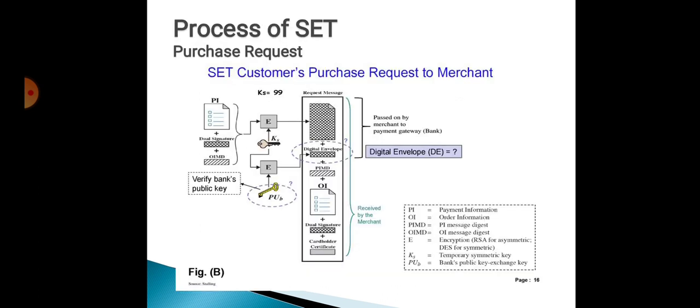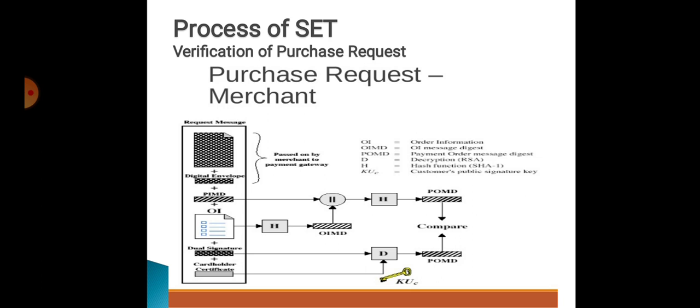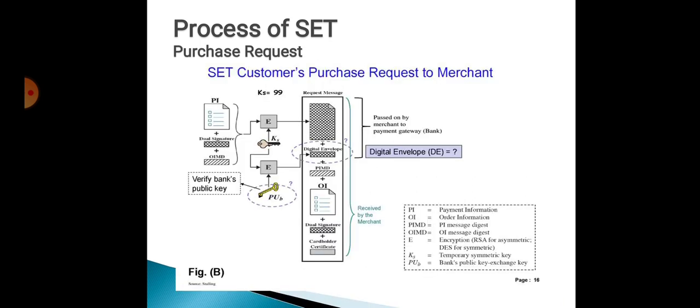So, process of secure electronic transaction. There are two processes. First is purchase request, and another is payment authorization. So go through the purchase request.